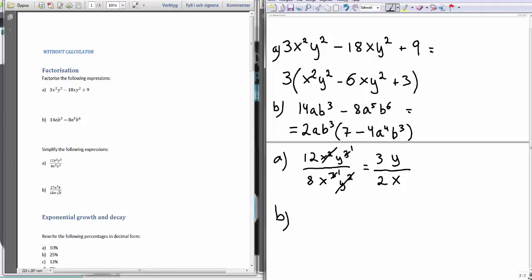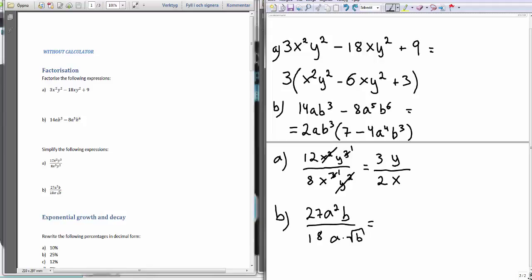In exercise B, we have 27 a to the power 2 b over 18 a times square root of b. Well, this requires a little bit of work before we can start to simplify and cross out factors, because we're not really used to this square root of b.